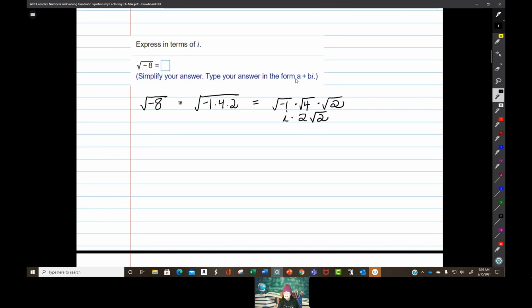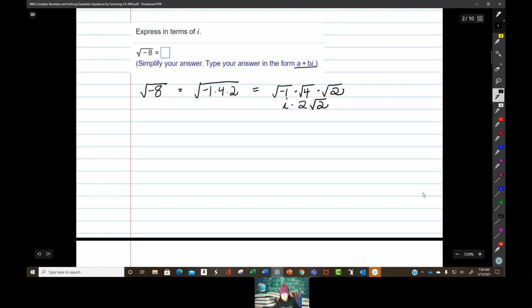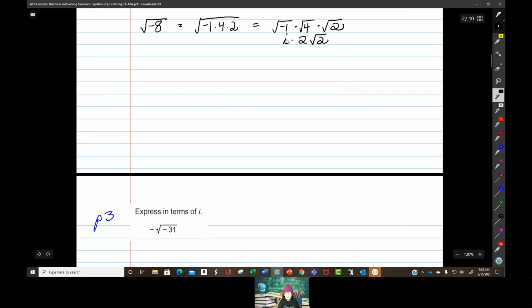Then the instructions say we have to write it like this. So we'll write this way. And there is no number that goes out here, so we'll put a 0.